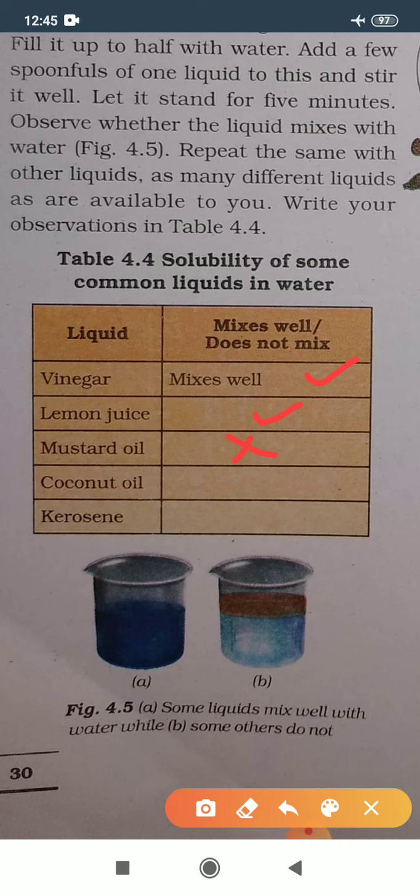Again coconut oil does not mix. Kerosene also floats on water, so it will not mix with water. Some liquids mix well with water while some others do not. The liquids which mix with water look like this, and the liquids which do not mix with water look like this because they are floating on the water.